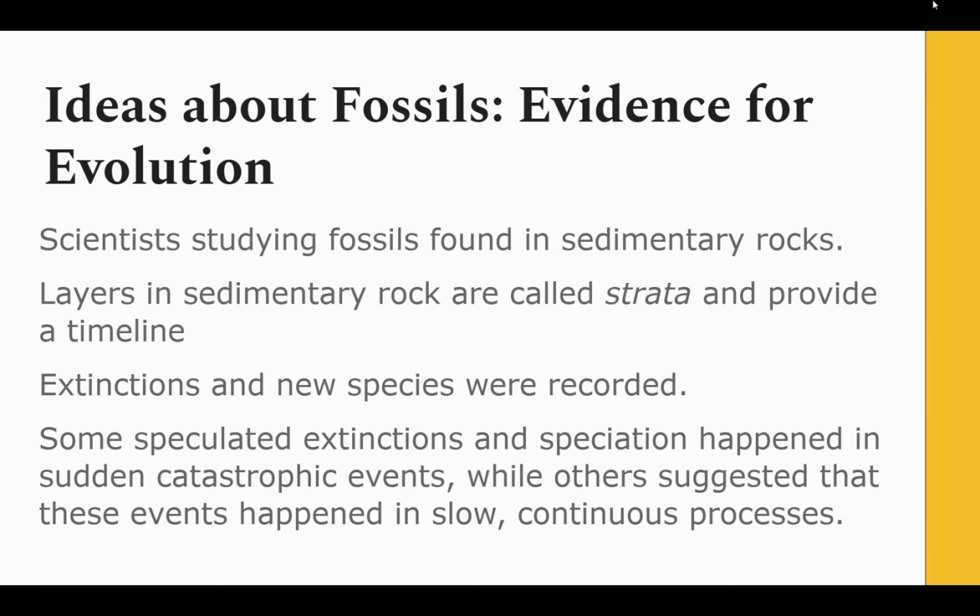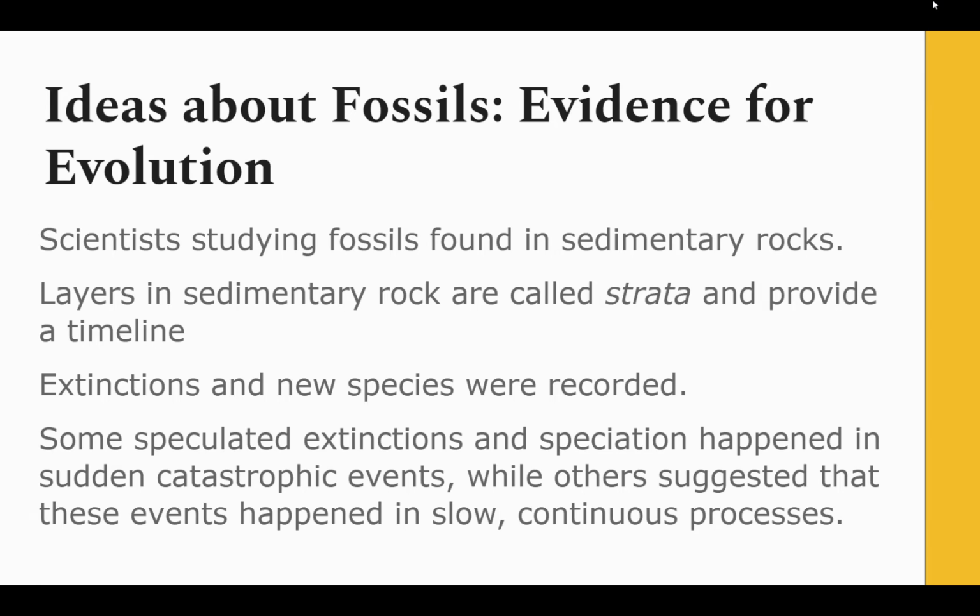And those visible layers help us determine how old a fossil is, right? If two fossils are found in the same layer, we can infer that they were around at the same time. These layers are called strata, and they help us build a timeline. This is something we still use today. We still use layers in sediment to get an idea of when something was around.